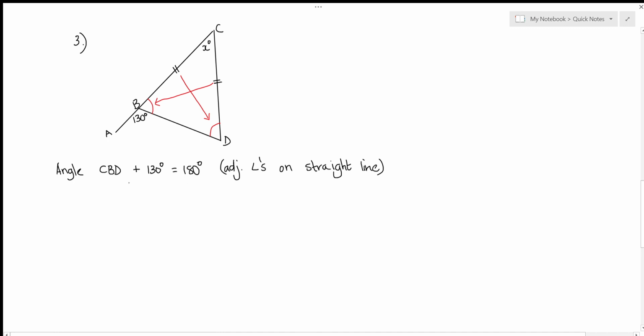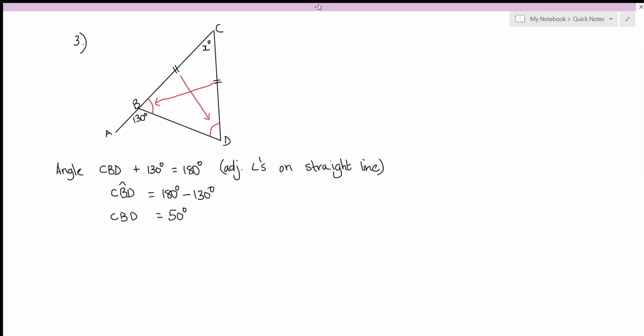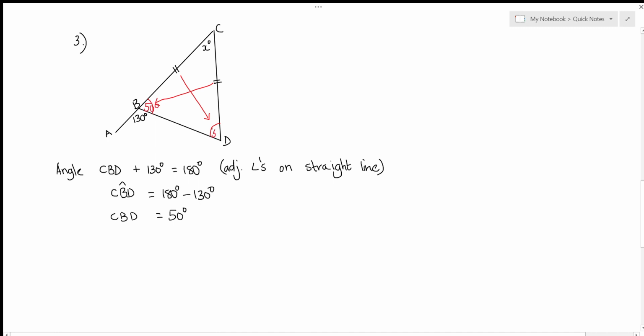So I normally write it like this, angle CBD, and I put a little marking there. Angle CBD is equal to 180 degrees subtract 130 degrees, and angle CBD is equal to 50 degrees. Now, if this is 50, angle D is also going to be 50. So let's write a reason.